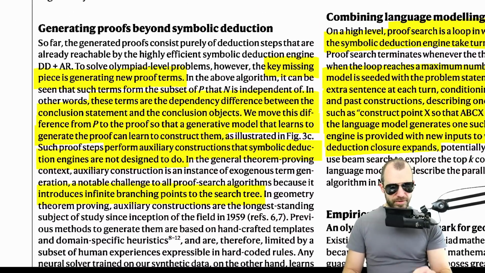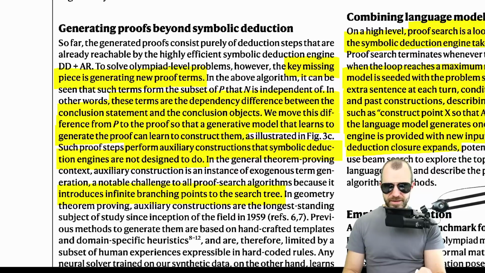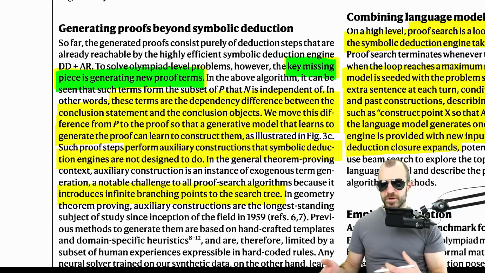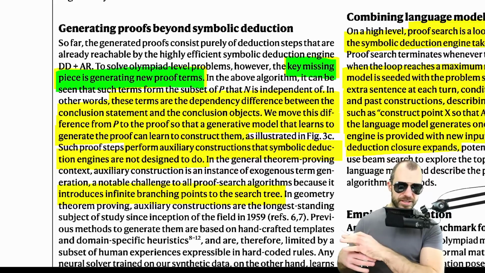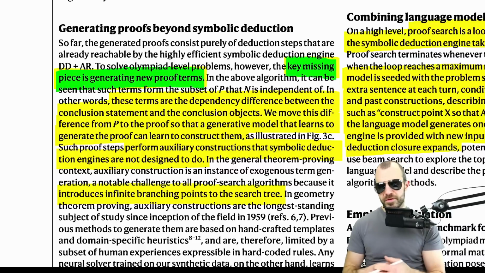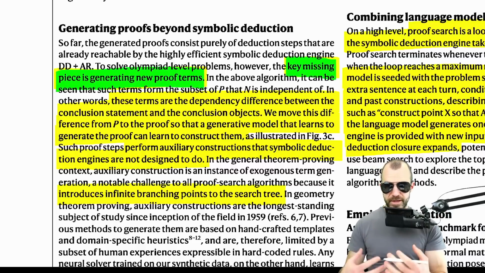This all here is just saying that the key missing piece is generating new proof terms. If you want to do computer math, computers are very good at symbolic deduction, but they're not good at suggesting new things to feed into the symbolic deduction.